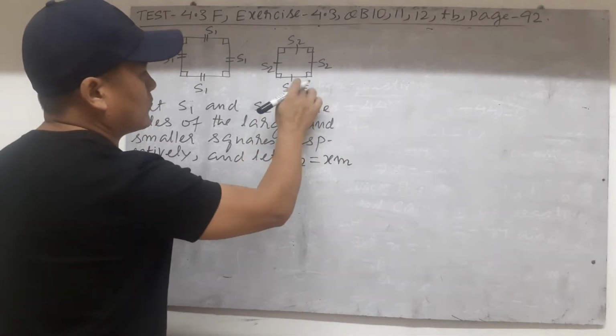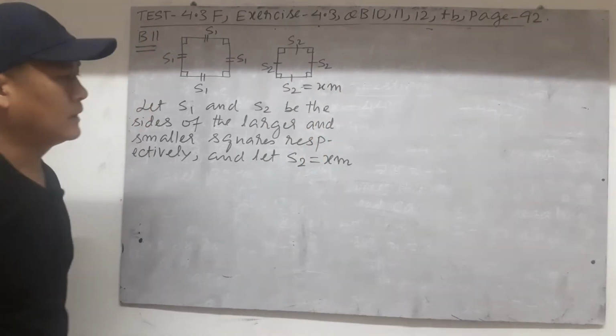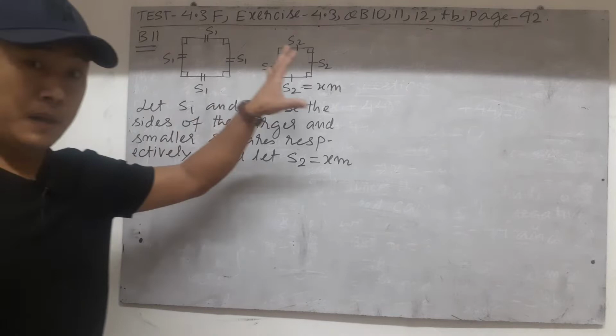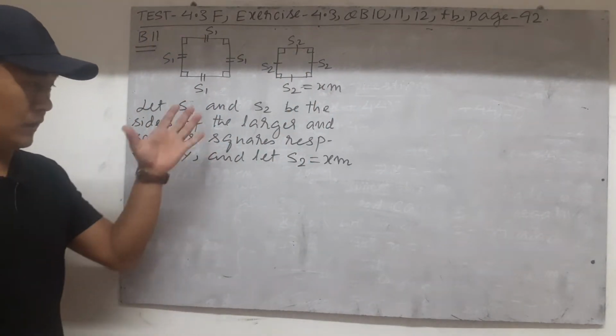So S2 is equal to X meter. As I said, drawing this figure is not a must in your exam, but if you draw, it helps. That's why we are drawing.